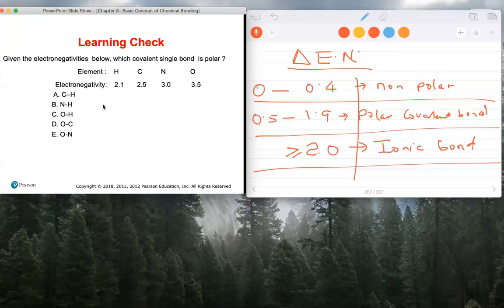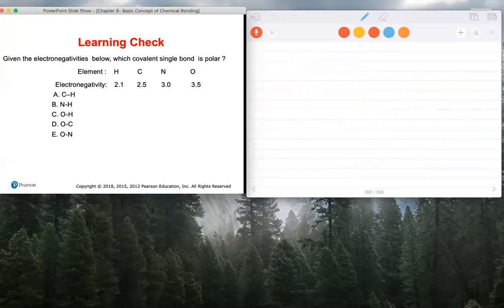Let's say A is 2.5 minus 2.1, so A is 0.4. B is 3.0 minus 2.1, I see 0.9.